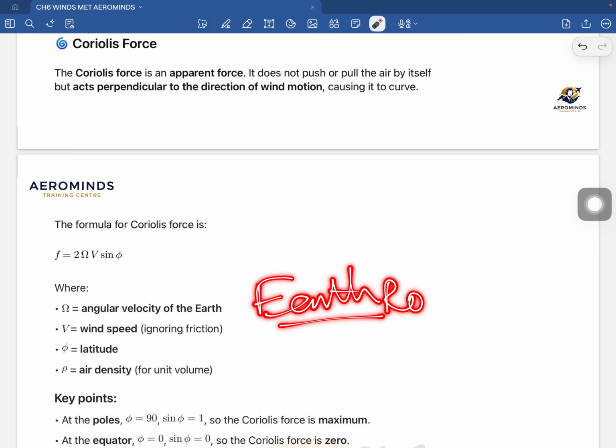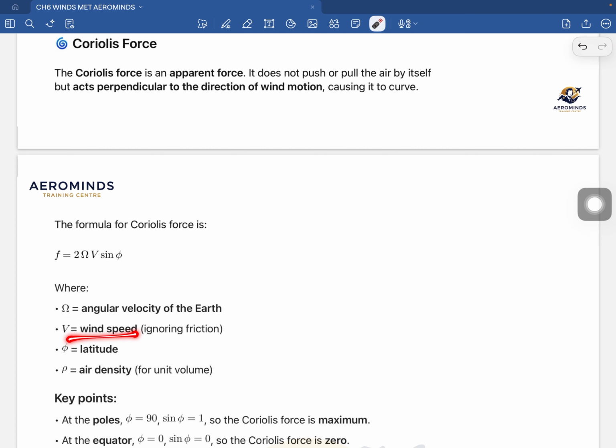Earth rotation speed, how fast the Earth is rotating. Okay, and this value is constant because the Earth is rotating at a constant rate, as we know. Now V stands for the wind speed, and it is very logical, because if the wind is moving faster, the deflection will be stronger. Okay, the slow moving air will be deflected less, the fast moving air will be deflected more, obviously.